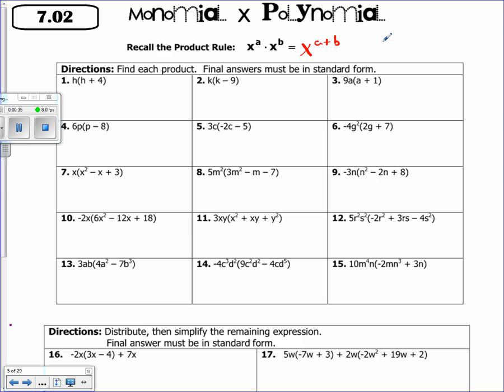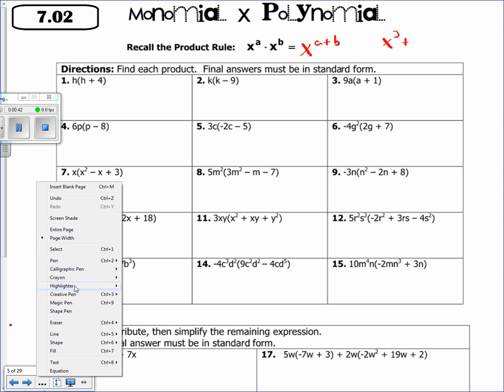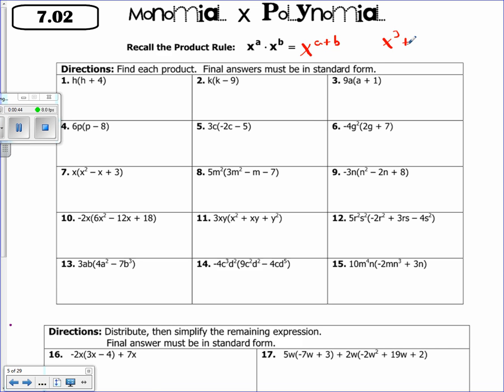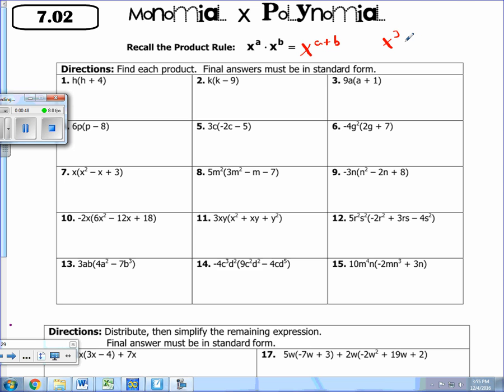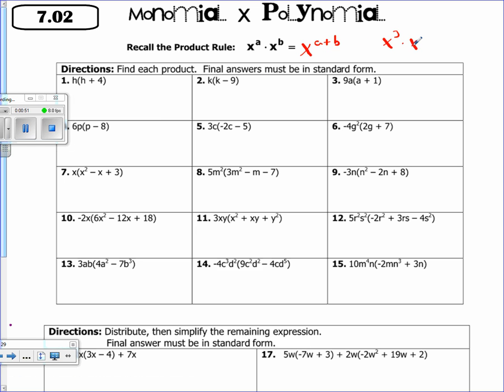An example, remember, would be x to the third power times x to the fifth, let's say. That would become x to the 3 plus 5, which is the eighth power.